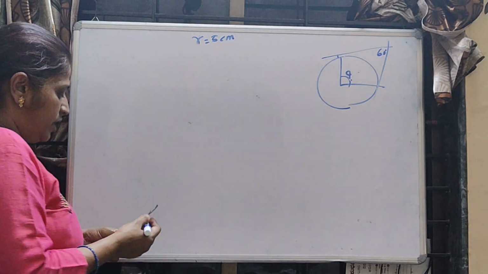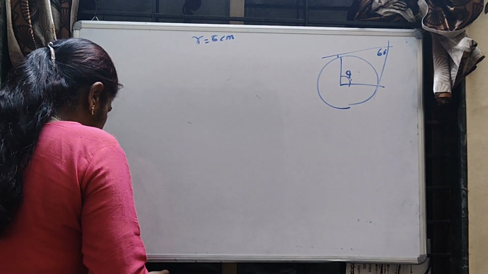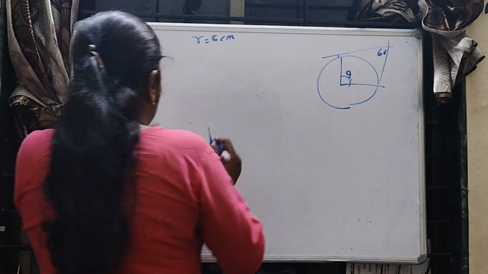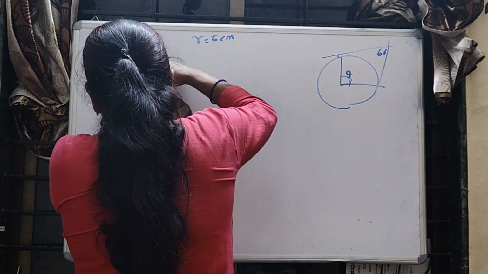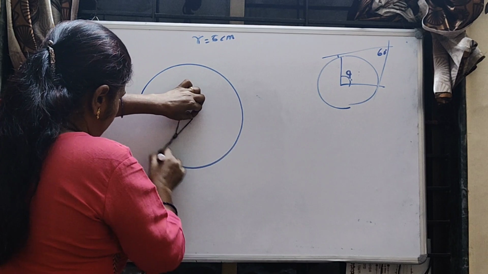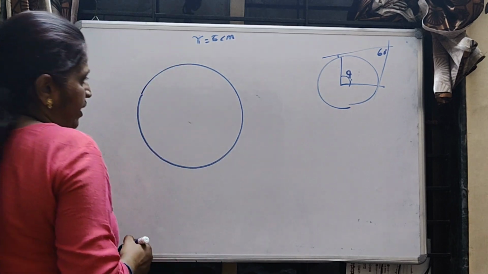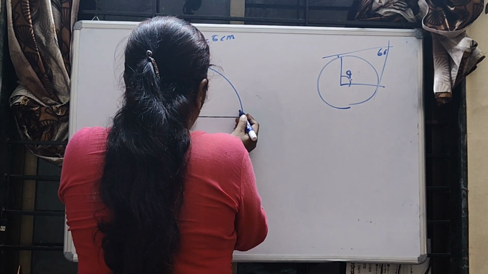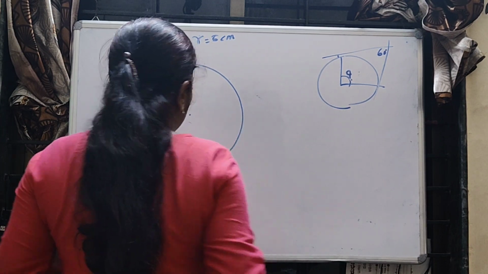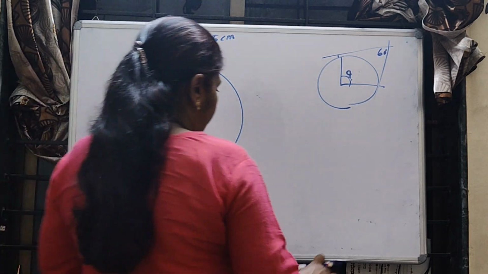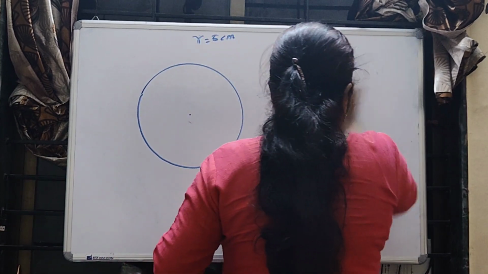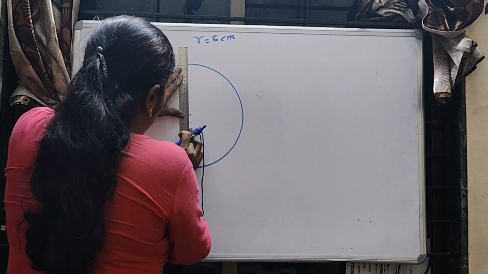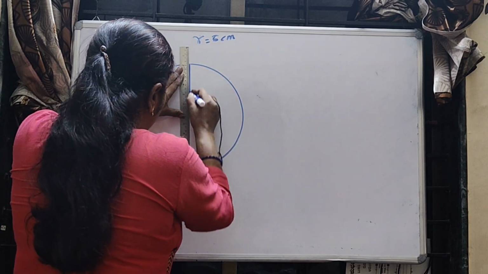So first draw a circle of radius 5 centimeters. Taking 5 centimeters, a circle of radius 5 centimeters is drawn now. This is the center point. Next, draw one radius anywhere.